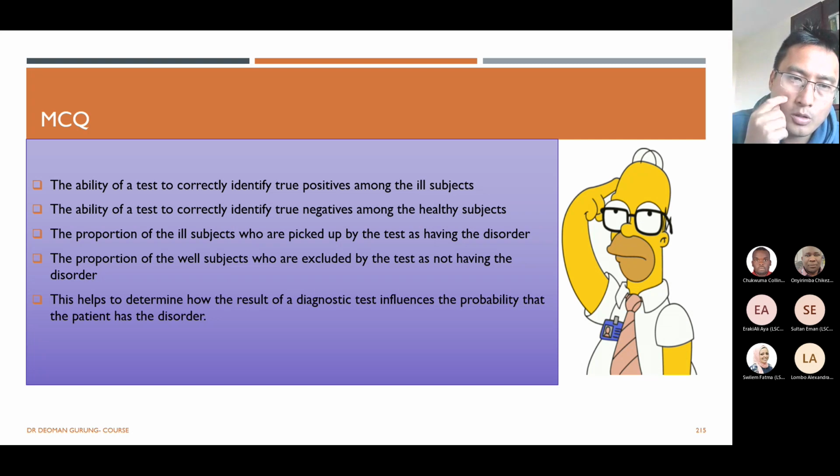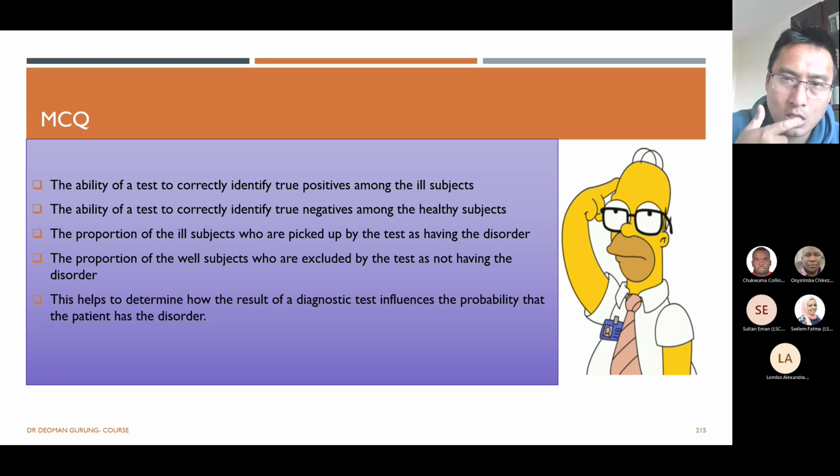If they discuss proportions picked up by the test, or the ability of the rating scales to pick up the disease, it is more of predictive value. If it is with the disorder, or the case is positive, that is positive predictive value; if it is with the controls, to exclude, it is the negative predictive value. If they ask about the diagnostic test and give any term like probability, it is likelihood ratio. Is this clear to you?